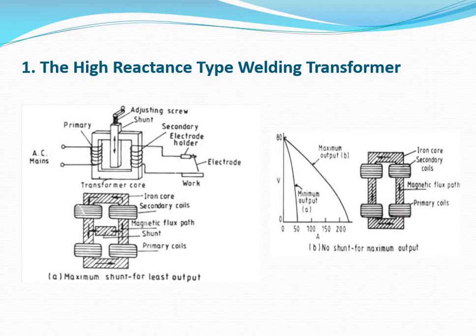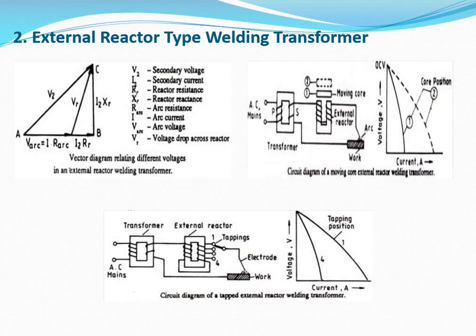Now see the second type, that is the external reactor type welding transformer. This type of welding transformer consists of a normal reactance, single phase, step down transformer, and a separate reactor or choke.